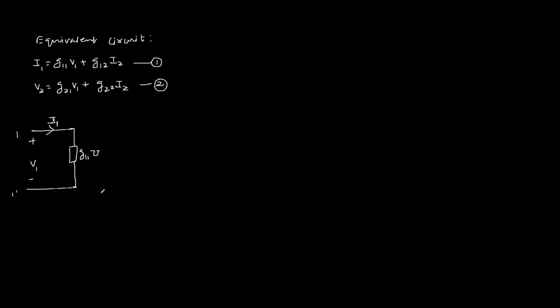Its unit is mho. Then the second quantity is G12 I2, and I2 is the current of port 2. So to bring the current I2 to port 1, we need to connect a current dependent current source in parallel with G11, and the value of this current source is G12 I2.